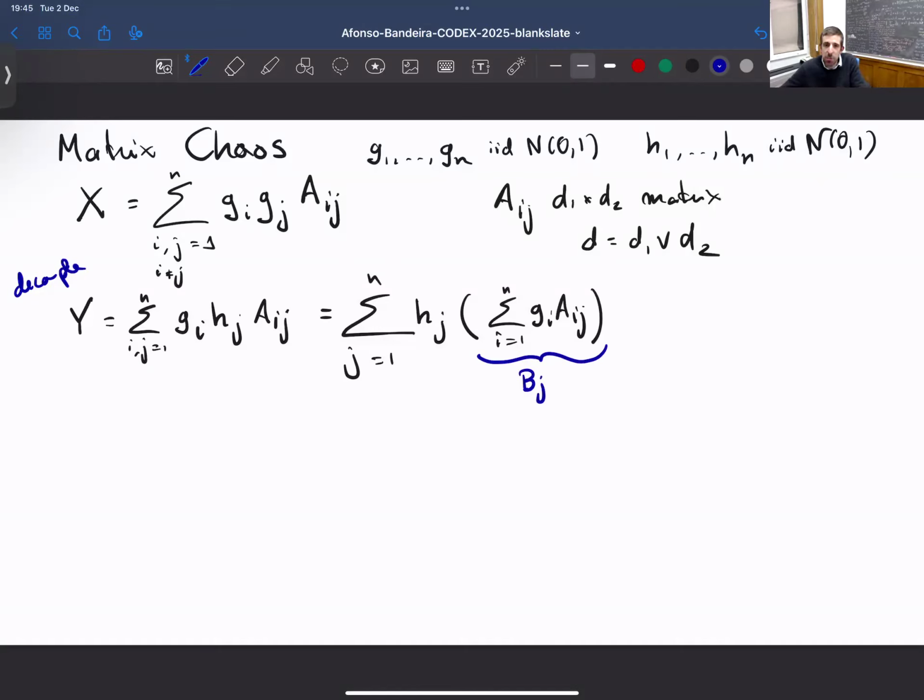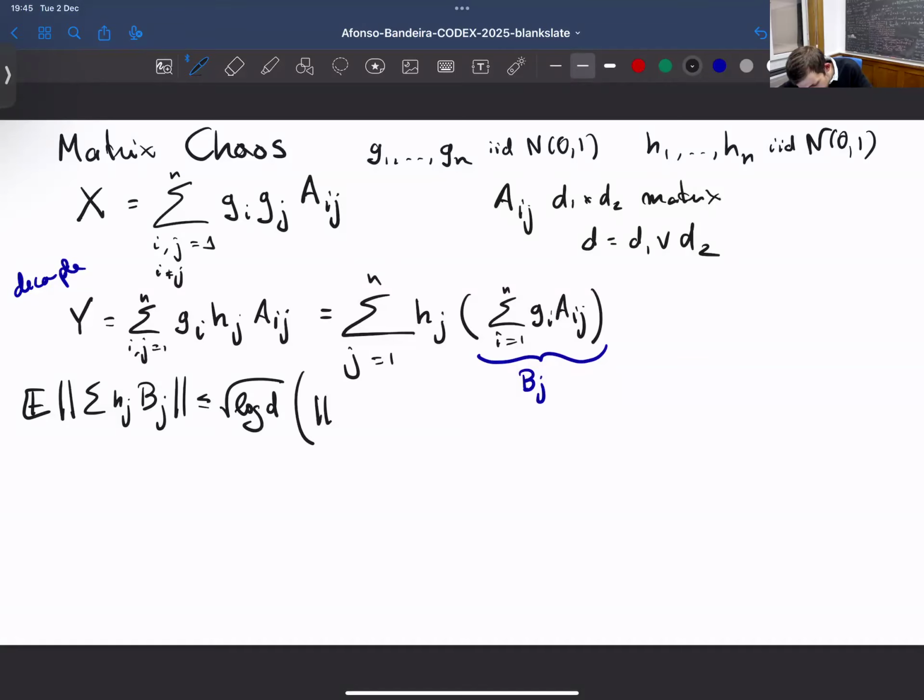I can freeze the randomness of the g's, and what I have is that the expected value of the sum of b_j h_j is smaller or equal than, let's say, root log D times the max between the norms of the sum of b_j b_j star, and the sum of b_j star b_j.